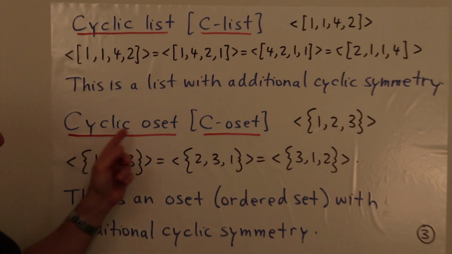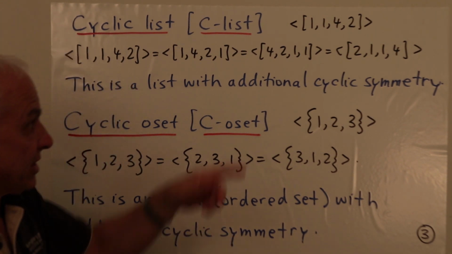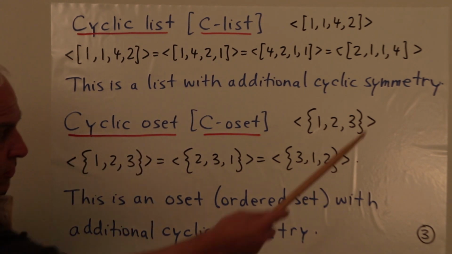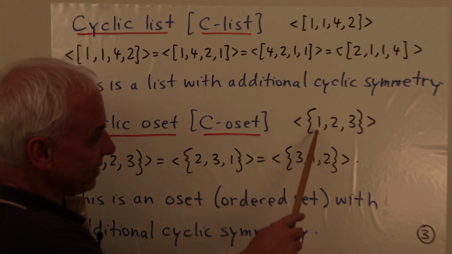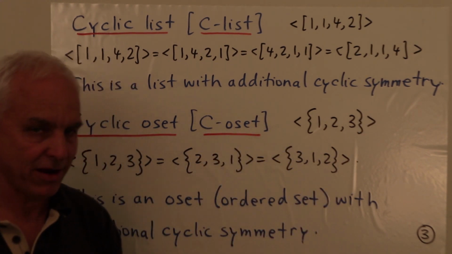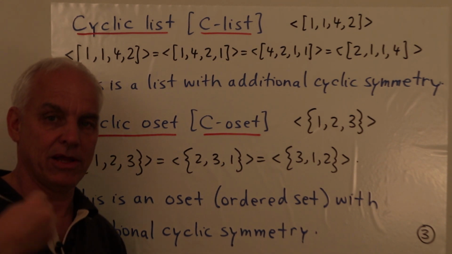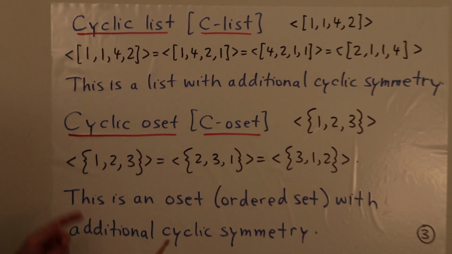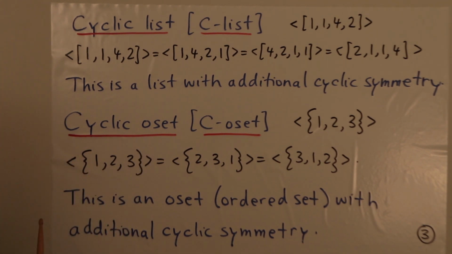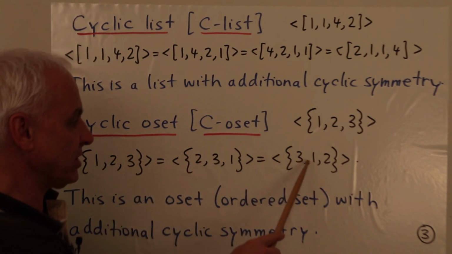Similarly, we're going to talk about a cyclic oset. It's also going to be another ordered structure. So these are the 2 ordered structures, lists and osets. A cyclic oset is an oset with an additional pointed bracket around it. That's going to tell us that we are imposing cyclic equivalence. So the oset 1, 2, 3, when we put the brackets around it like this, is the same as the oset 2, 3, 1, the same as the oset 3, 1, 2.